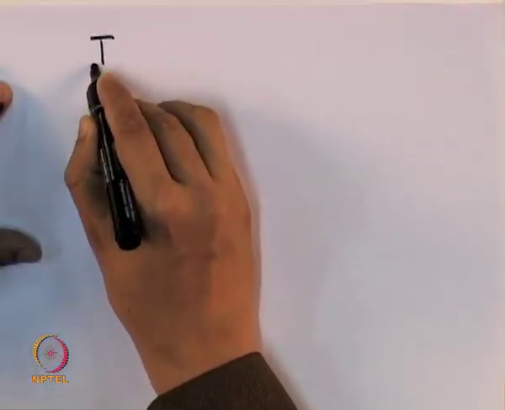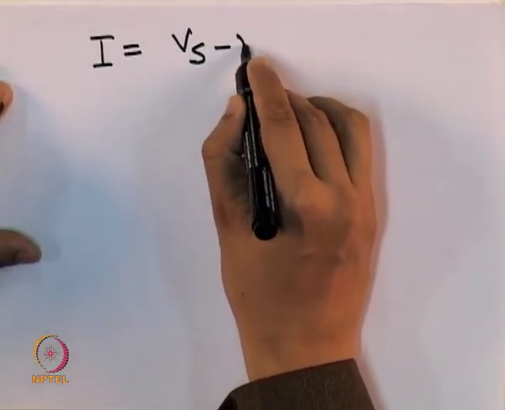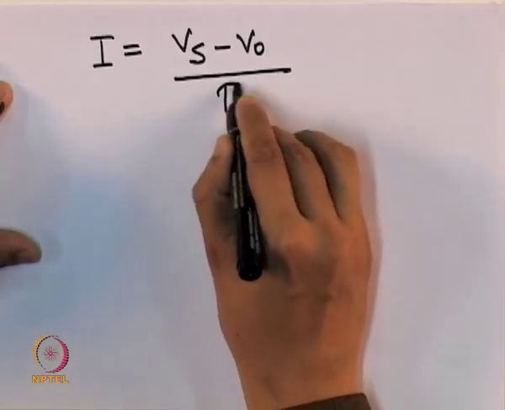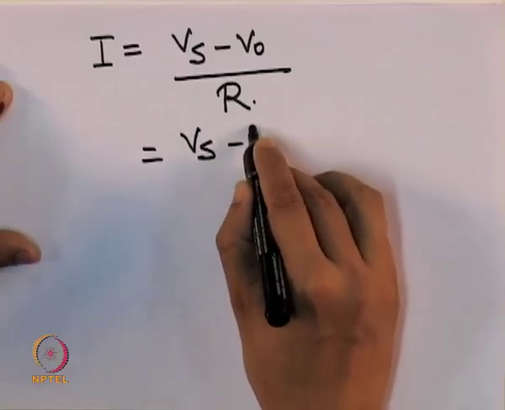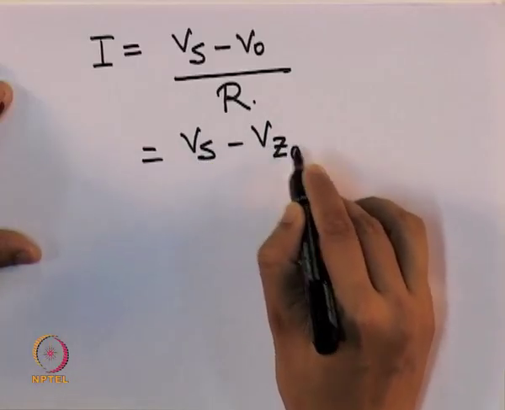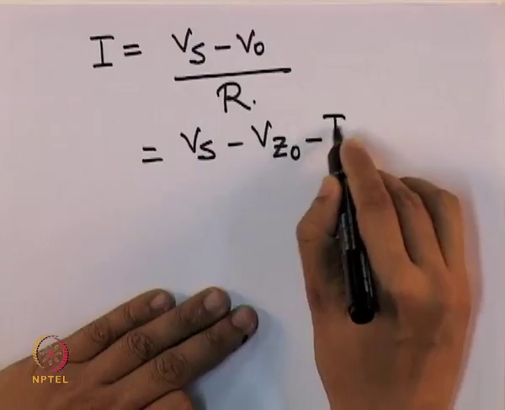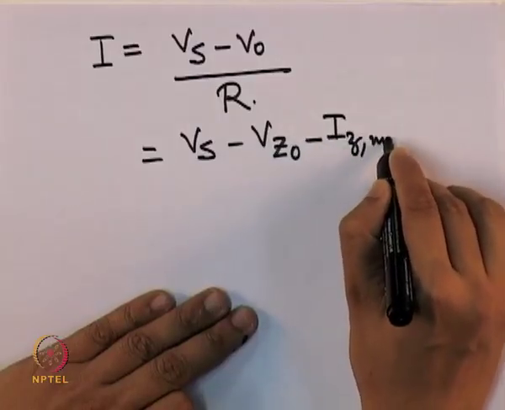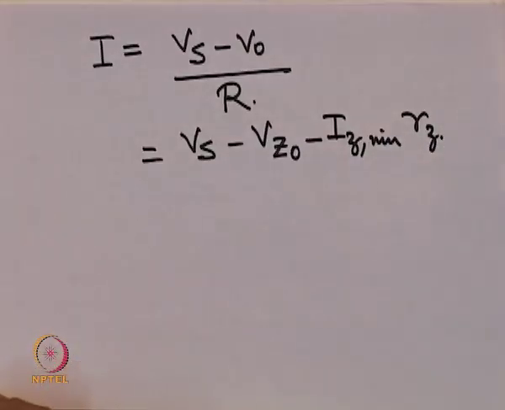So, this in turn can be written as I equal to Vs minus V0 upon R, which in turn is equal to Vs minus Vz0 minus IZ min into Rz, upon R. So, where did I get this relationship?